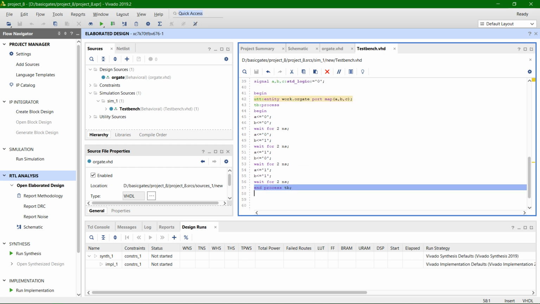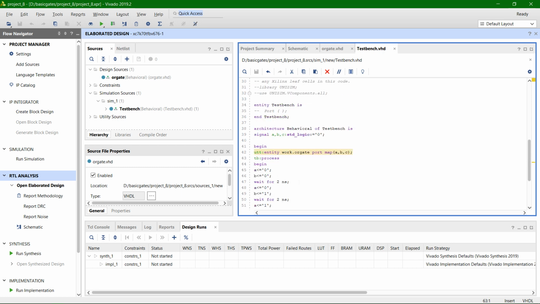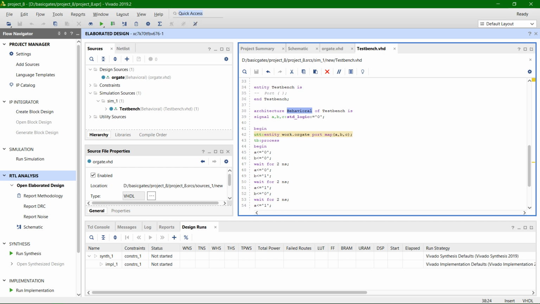That's why I have ended my test bench in the last, after giving the last output, right? End process test bench. And on the very last line, I have ended my architecture. Here I have given my architecture name as behavioral, and in the last also I have written end behavioral, right? I have already saved the program, guys, and I just need to run the simulation for that.